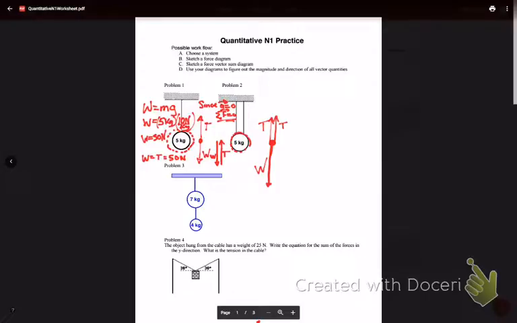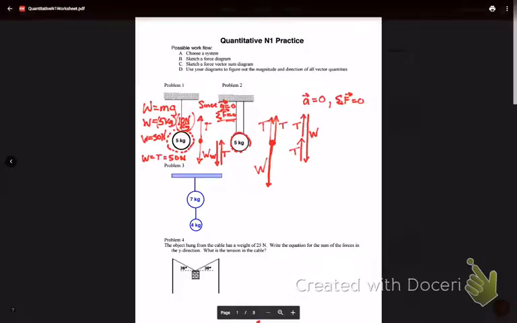If I do my vector sum diagram, I'll find that these 2 ropes have to add head to tail along with my weight, since the forces have to add to 0. So this is one of the ropes, this is the other rope. And so what I'm trying to show here is that since the acceleration is 0, my forces have to add to 0 as vectors. And when I add vectors, I have to place the vectors head to tail.